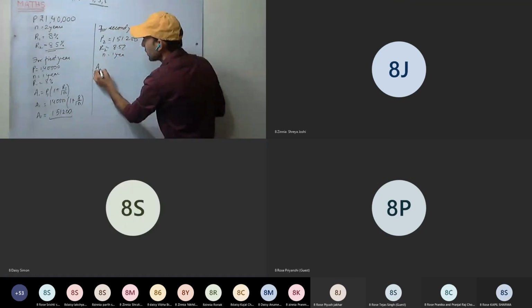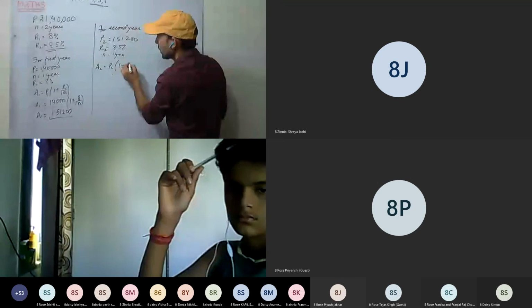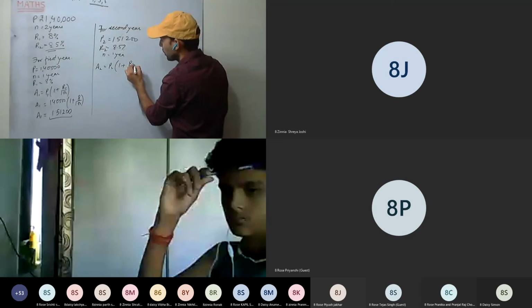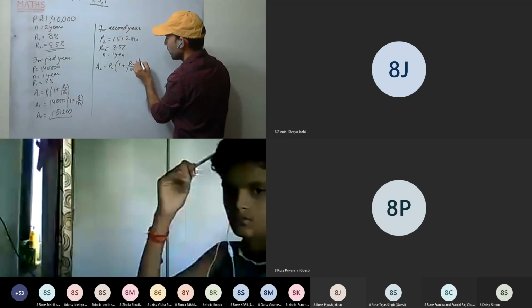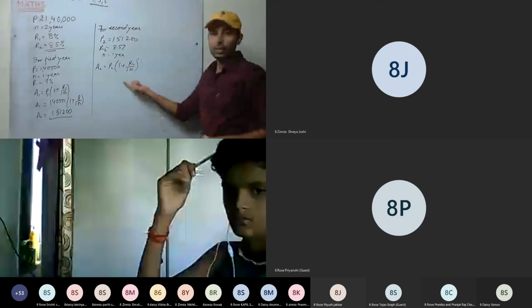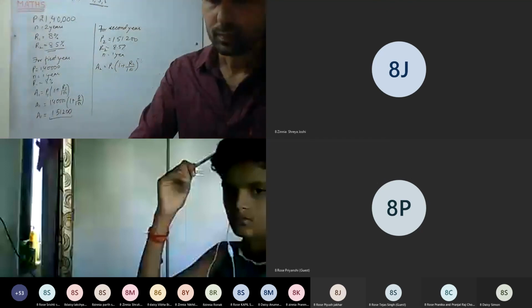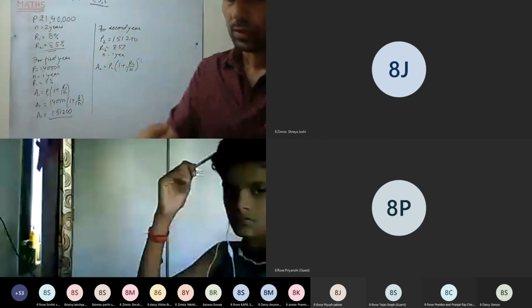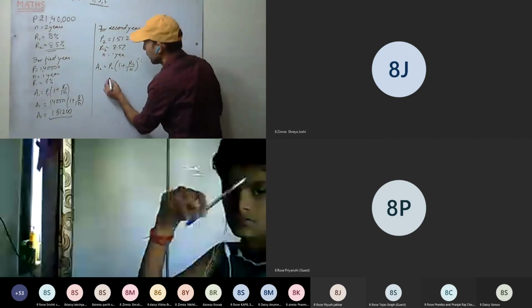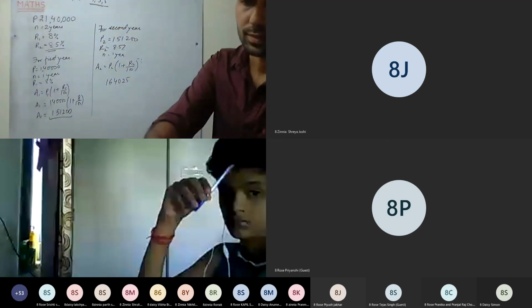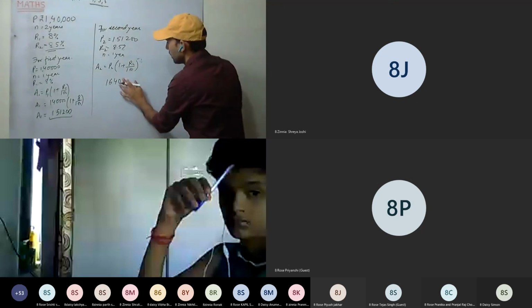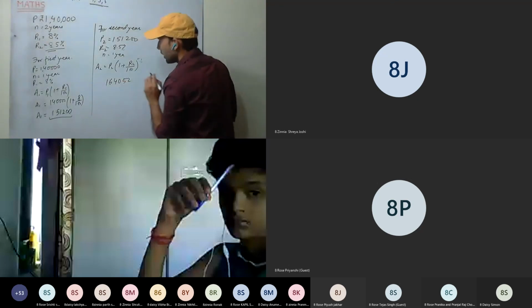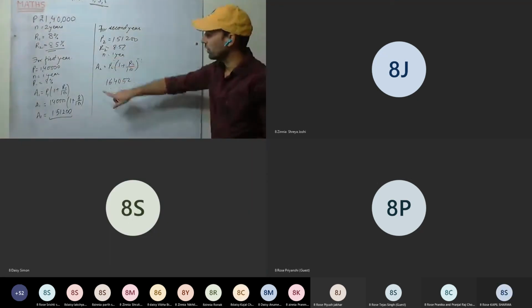So A2 equals P2 times 1 plus R2 upon 100 raised to power 1. You calculate it and you get 1,64,052, I think. This way you will do it.